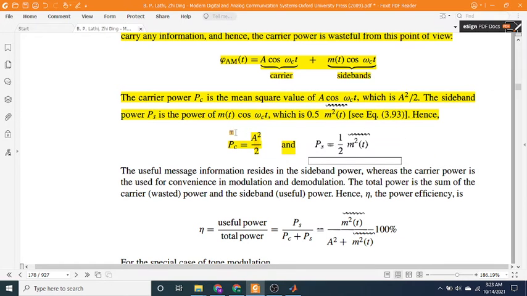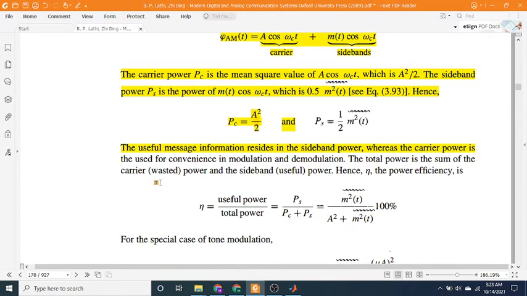Hence, P_c = A²/2 and P_s = 0.5 m²(t). The useful message information resides in the sideband power, whereas the carrier power is wasted, used only for convenience in modulation and demodulation.